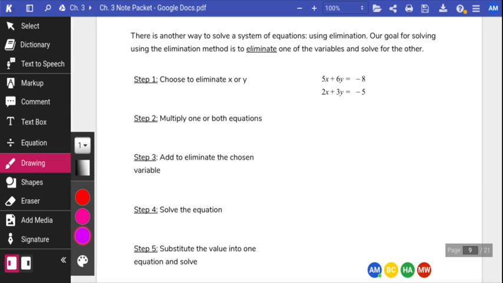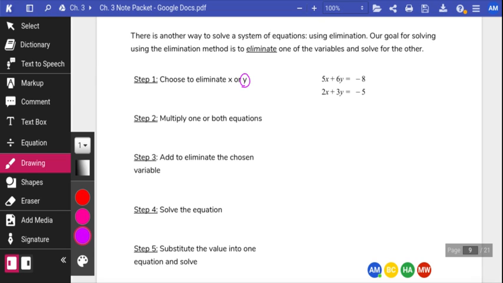In this case, I think I'm going to eliminate my y's. So I'm just going to circle y for myself. Now I'm going to multiply either one or both of those equations.